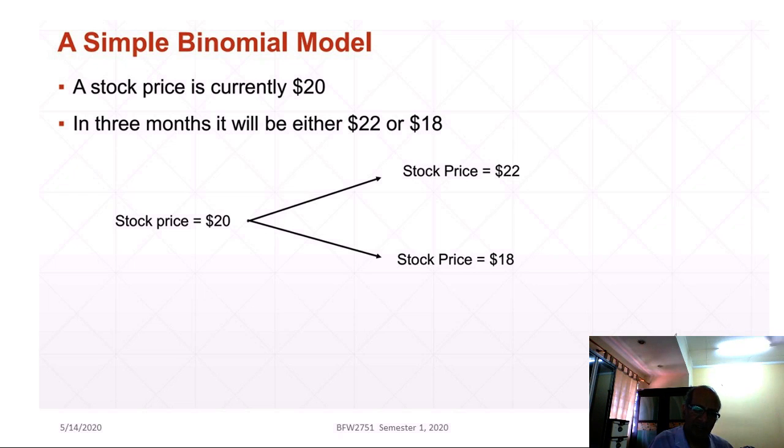So there's a chance that it might go up to $22 in 3 months, or a down factor of 0.9, that is 18 divided by 20, becoming $18. So look at it carefully.